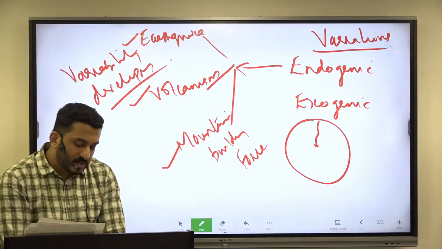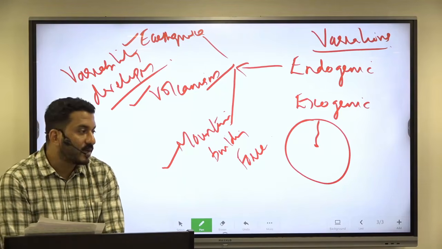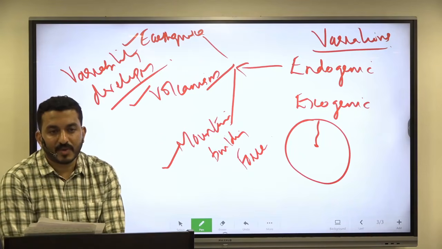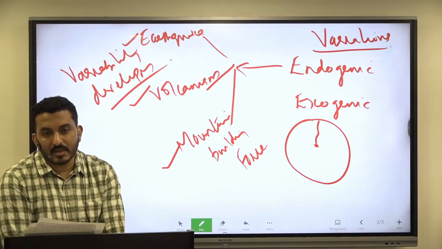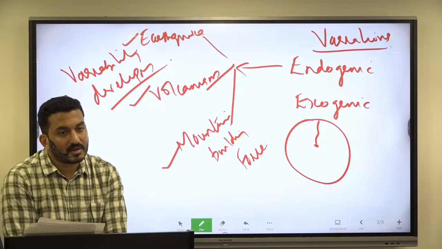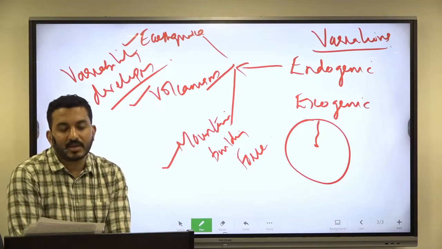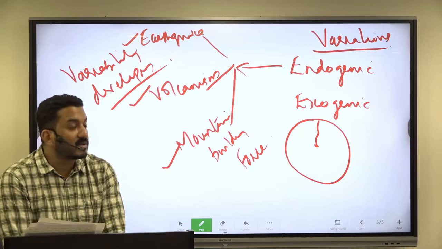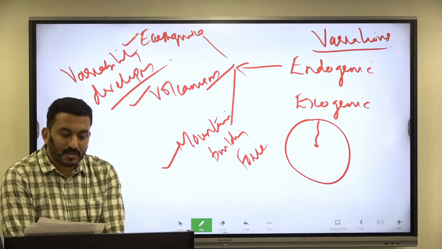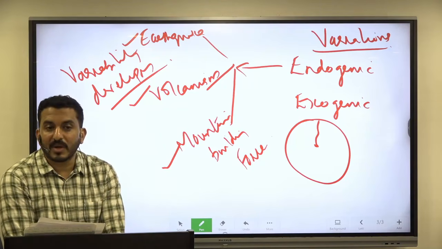In geomorphology, in 1912, Alfred Wegener came up with the continental drift theory. In 1930, Arthur Holmes came up with the convection current theory. After that, we have the sea floor spreading theory, given by Harry Hess. And that gives rise to the plate tectonic theory.